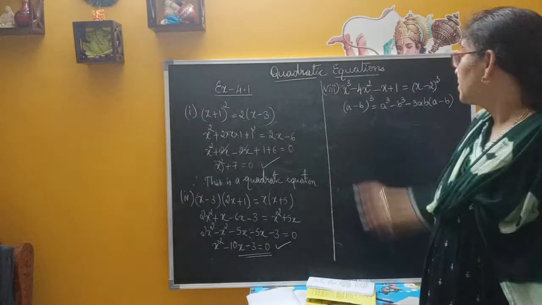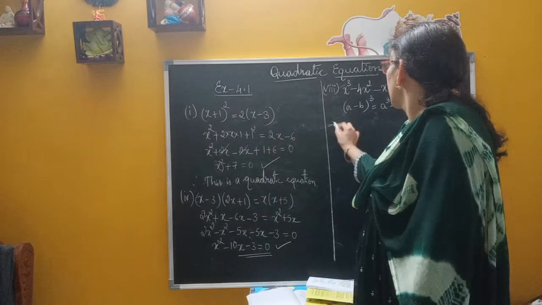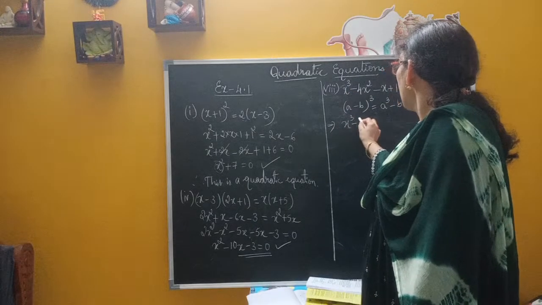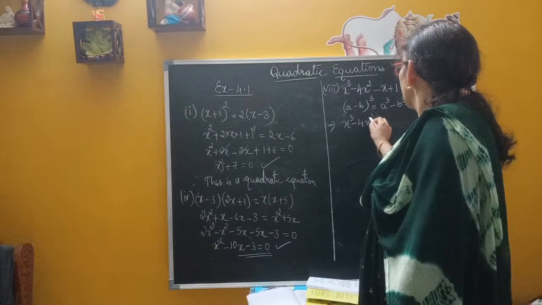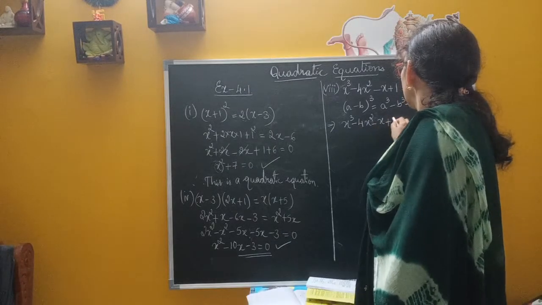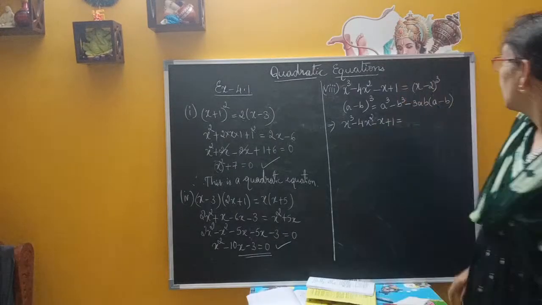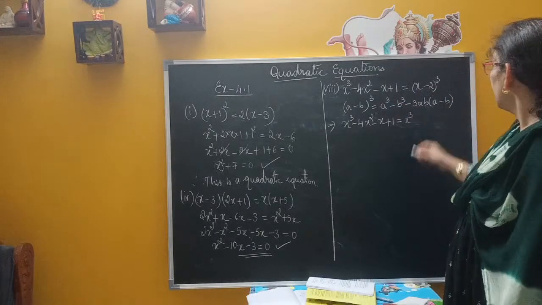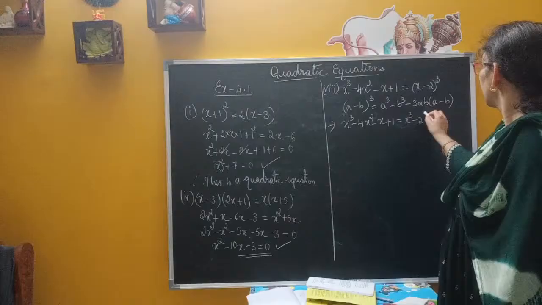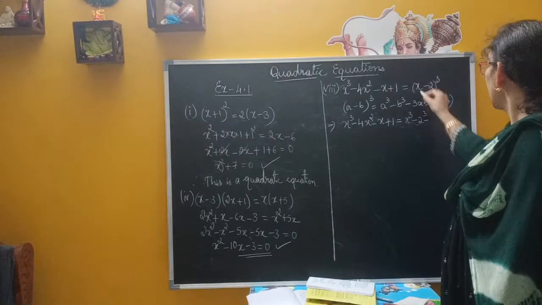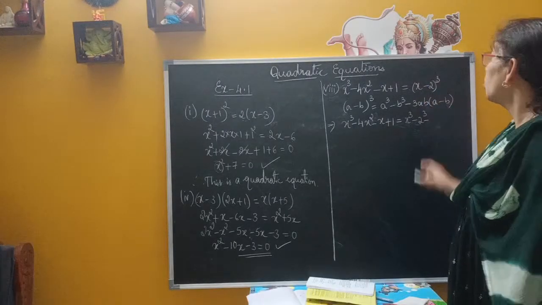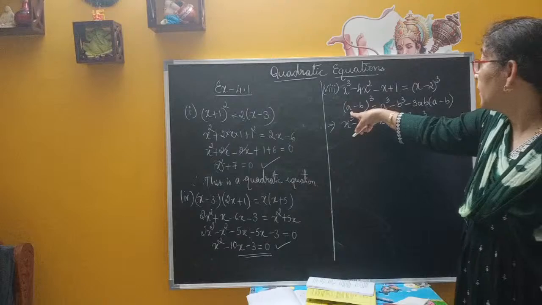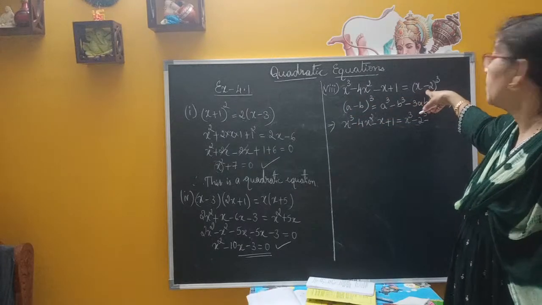So let us write now x cube minus 4x square minus x plus 1 is equal to, what is A cube? x cube. Minus B cube is 2 cube minus 3AB, 3 into x into 2. Don't take minus 2, because in the identity it is A minus B, and here also it is in the same form, x minus 2.